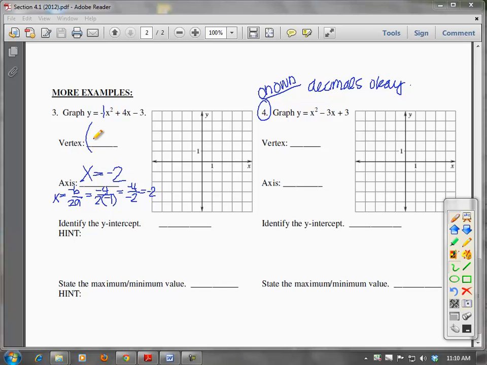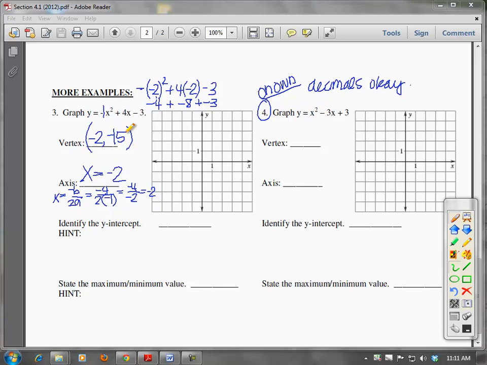My vertex is the point -2 comma something. Well, if I plug in a -2, I have a negative of -2 squared plus 4 times -2 minus 3. When I square a negative, I get a positive 4, but there's a negative in front, so -4 plus -8 plus a -3. -12 and -3 is -15.